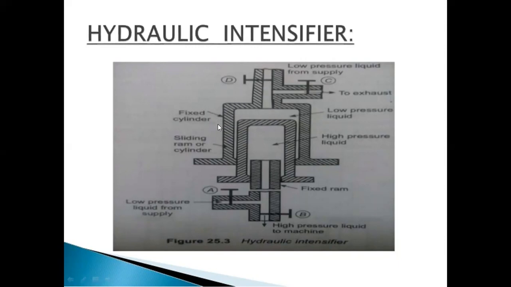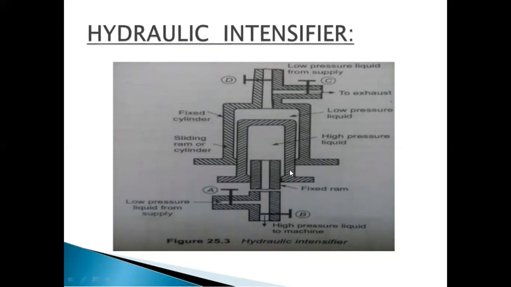See here, the bottom portion structure is known as the fixed cylinder. Fixed cylinder means it is stationary, it will not move. Inside this fixed cylinder, there is another cylinder, which is known as the sliding ram or sliding cylinder.